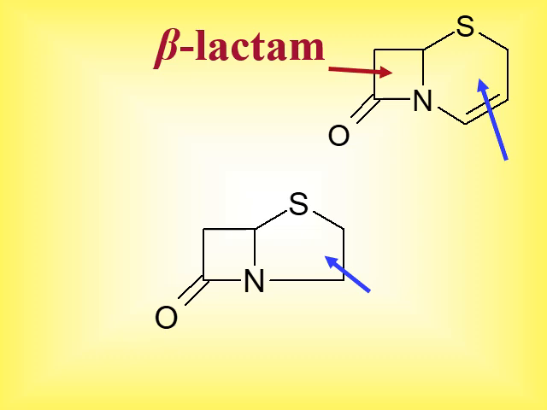In addition, there is an olefinic linkage at C2 to C3, so it is less reactive. The beta-lactam here is attached to a 6-membered ring, and we have a double bond, so this makes it less strained than in PNAM.